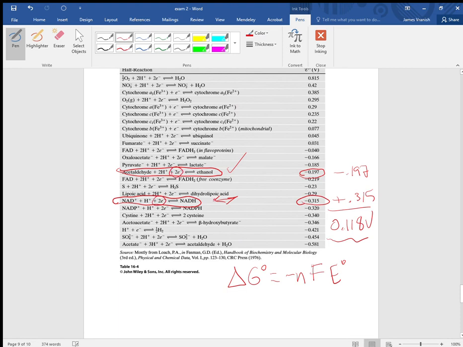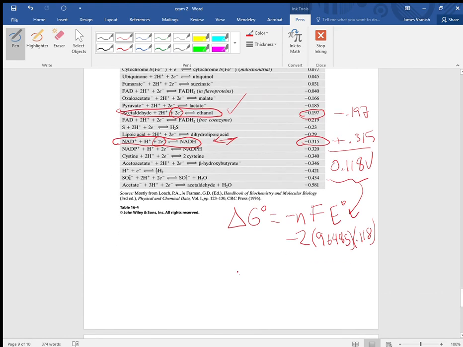We've got 2 there, so N is 2. F was given to you, it's 96,485. And our E0 value is right there. If you multiply that all together, you should get a delta G value of approximately negative 22,770 joules per mole.